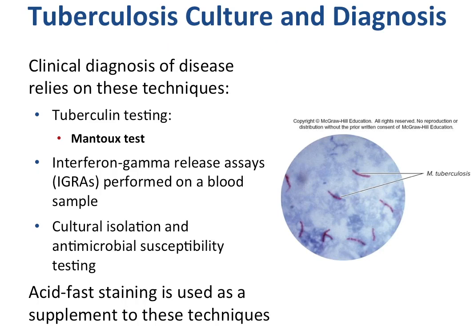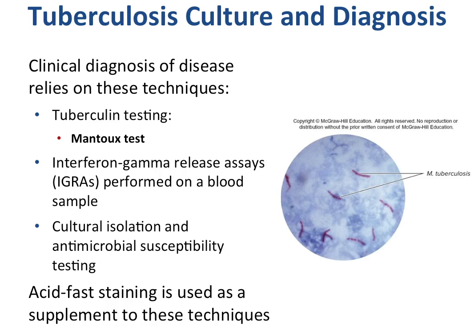How to test for tuberculosis? We can do the tuberculin test. This is also called the Mantoux test. We can also do the interferon gamma releasing assay. Culture actually is not a good test. It's time consuming, and it's also expensive.